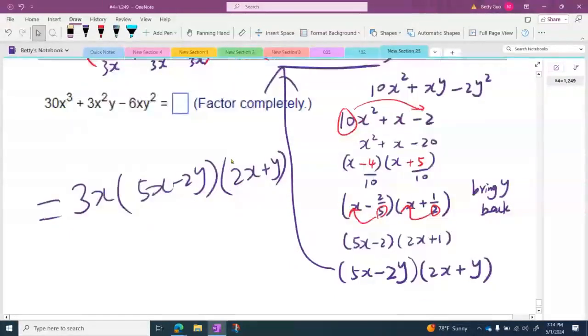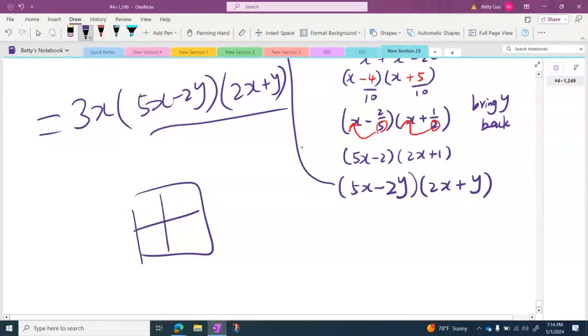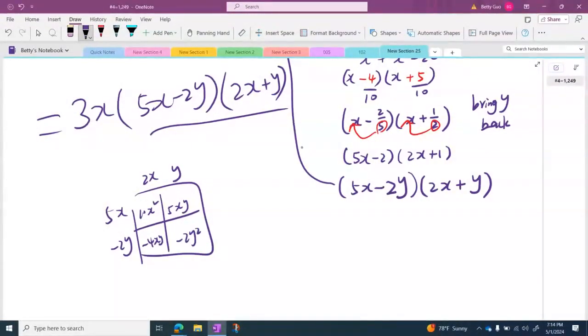If you are not sure, we can use the box method to double check our result. I mean this part, right? We can try 5x minus 2y, 2x plus y. And this is 10x squared. This is 5xy. This is negative 4xy. This is negative 2y squared.